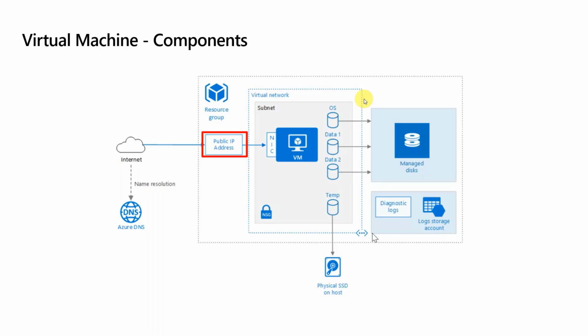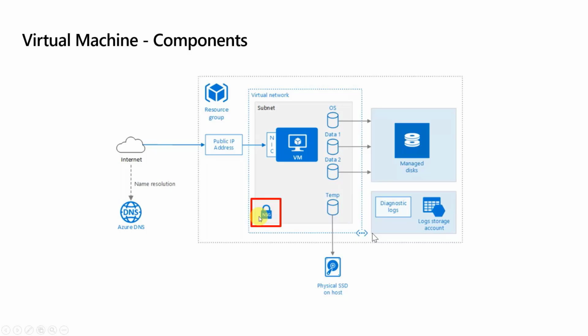And then network security group. You should remember all these terms. So network security group is basically a firewall. There are multiple types of firewalls in Azure, but this one protects the VM with the traffic. So what is a firewall?